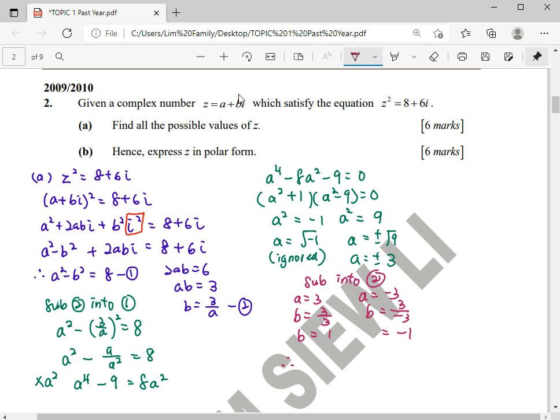So therefore, our complex number z equals a plus bi: 3 plus i. Another complex number, z is negative 3 minus i. So we have two complex numbers because we have two answers here.